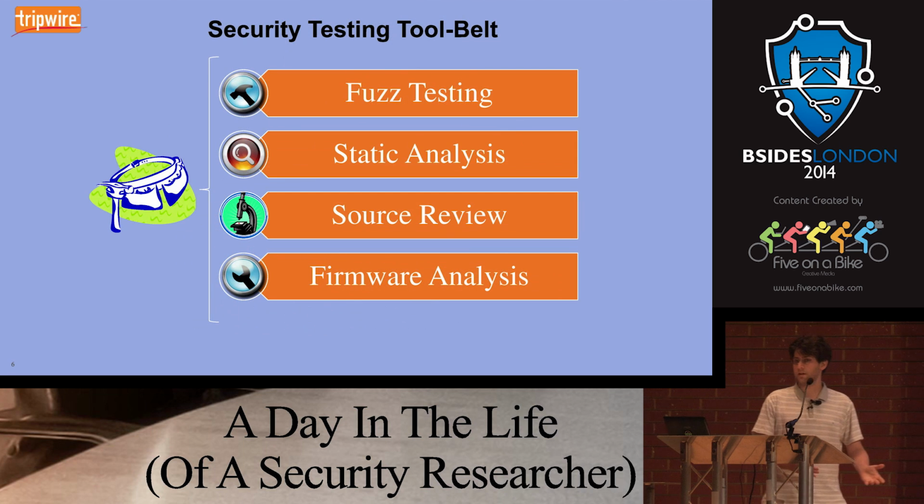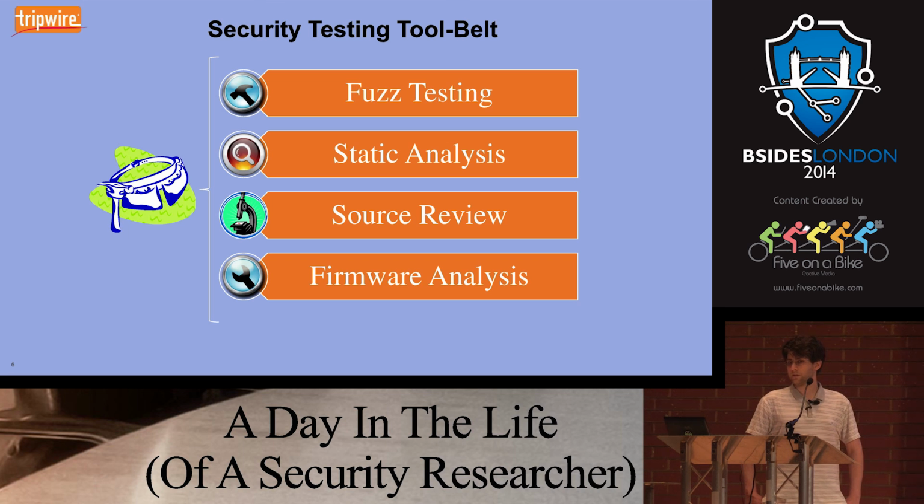I've set up what I like to refer to as a security testing tool belt. In this, we have your hammer, which is your fuzz testing, where you're basically just banging away at something until you get it to break. Static analysis is more like your magnifying glass. You're taking a closer look at the binaries themselves, seeing what calls are made in them, and what you might be able to find that's unusual.